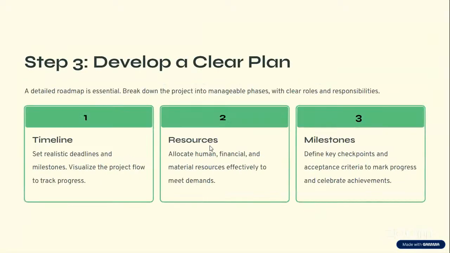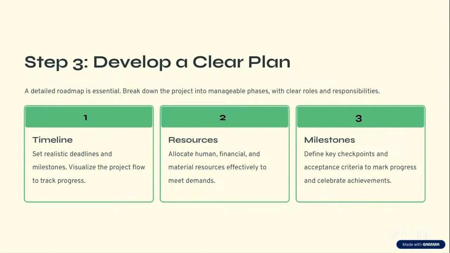Then the next step is to develop a clear plan. This is a detailed roadmap of what will essentially be carried out in the project. You have to break down the project into manageable phases with clear roles and responsibilities for each phase. You develop a timeline, which means setting realistic deadlines and milestones.